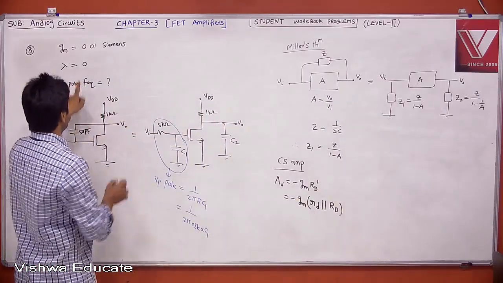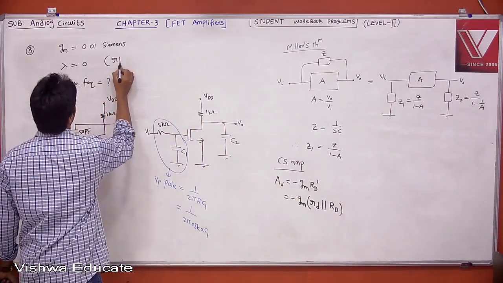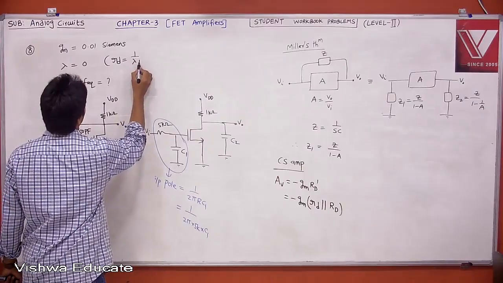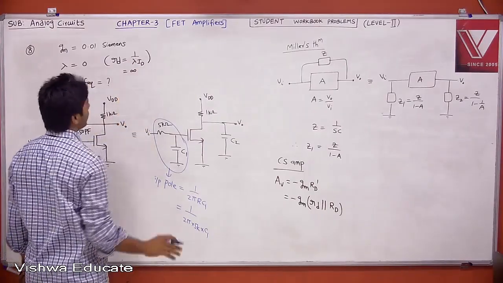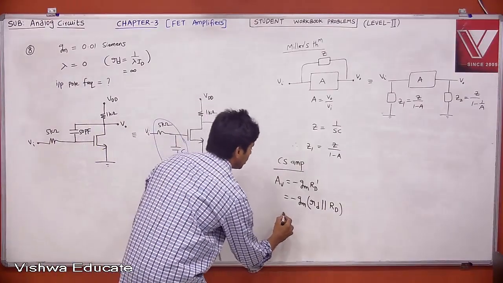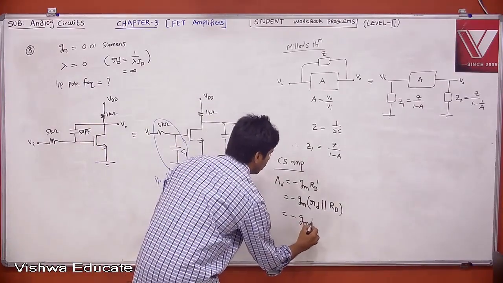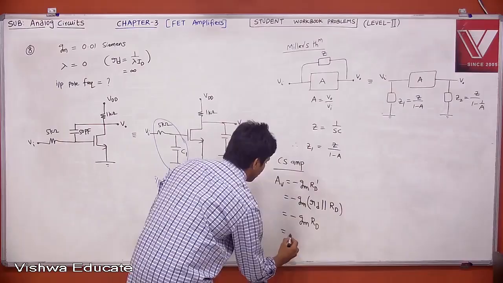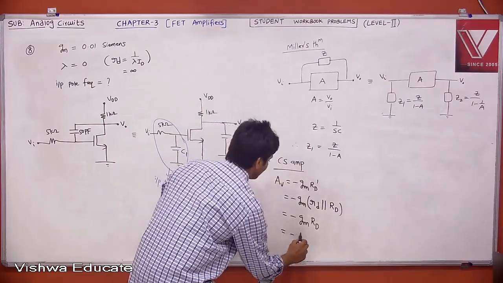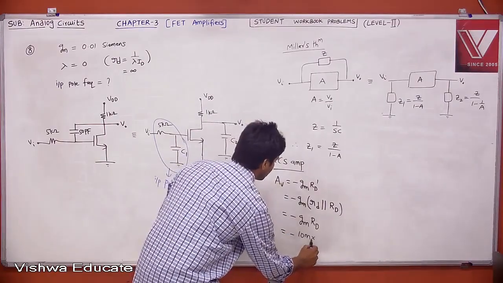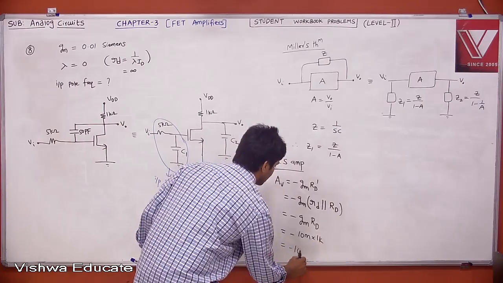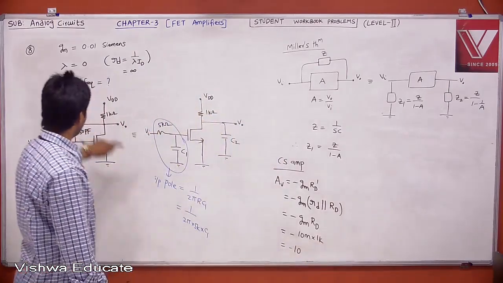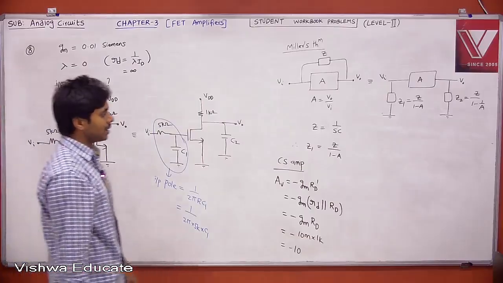If you neglect channel length modulation, lambda is 0, then small rd, which is 1 by lambda Id, is infinity. So the gain is simply minus gm into the load. gm is given, which is 10 milli, into Rd, which is 1K. Then your gain is minus 10.